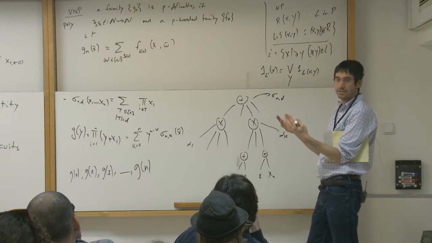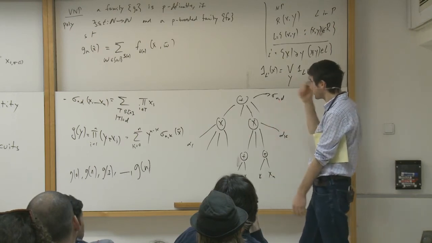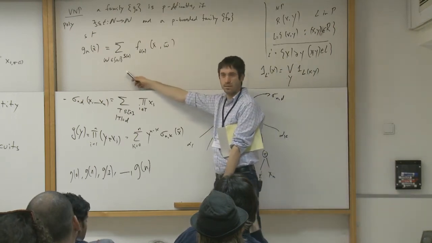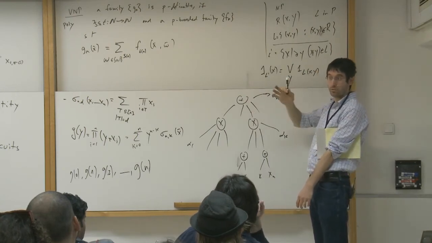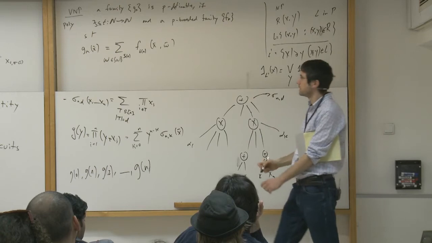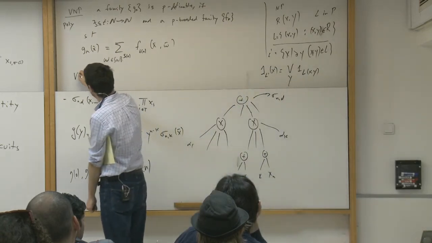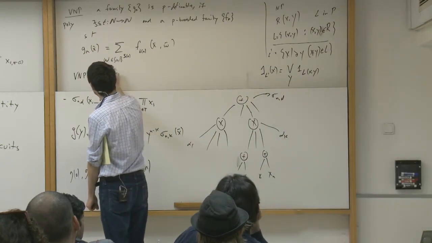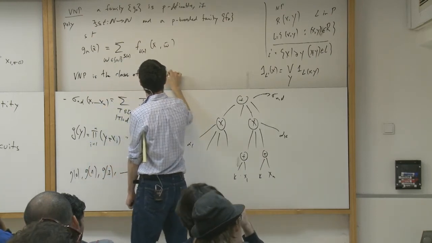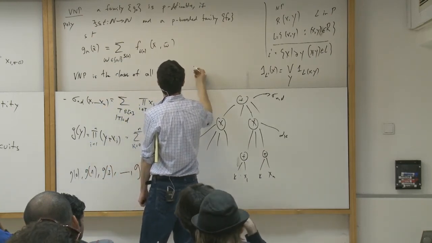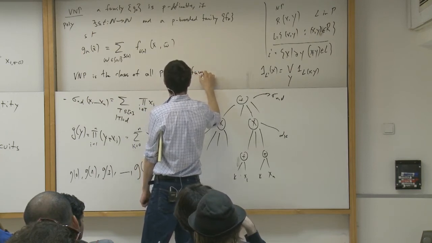And so that's a family that is P-bounded. The intuition should be that this sum replaces this OR. Instead of doing an OR over witnesses, you take a sum over witnesses. And then VNP is the class of all P-definable families.